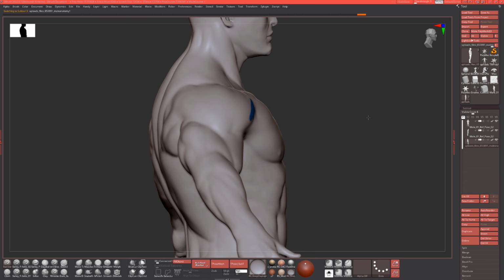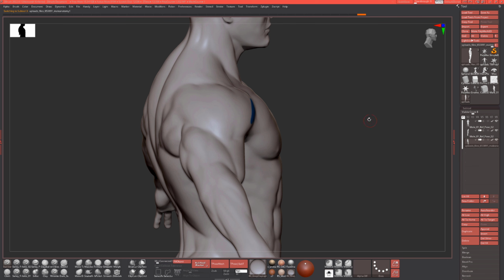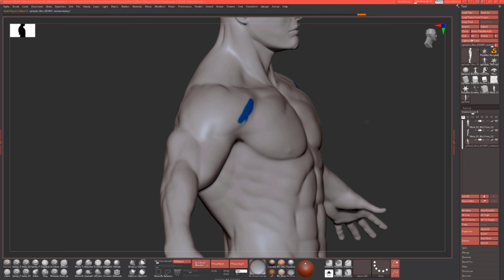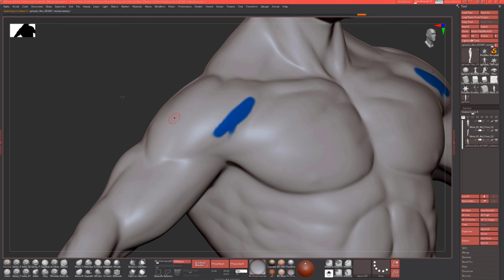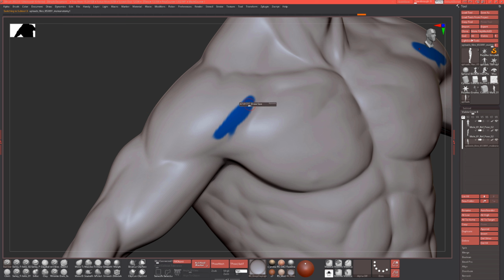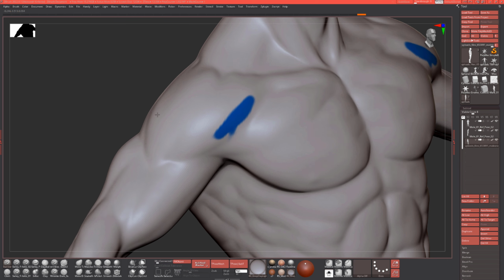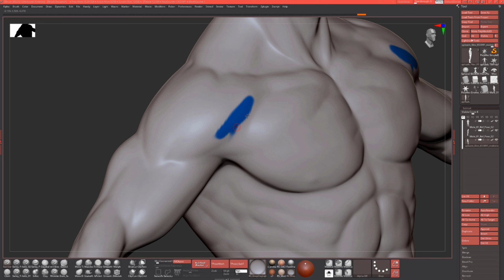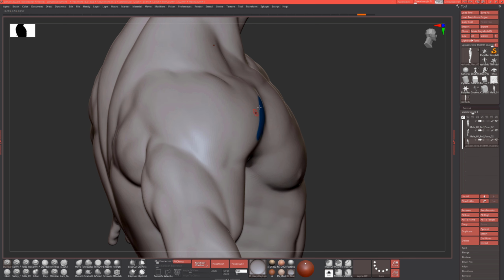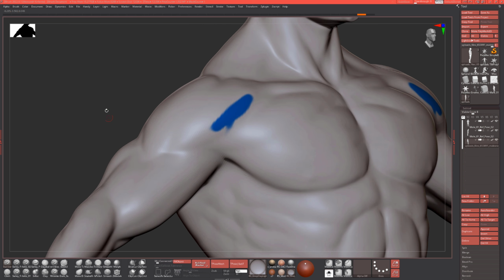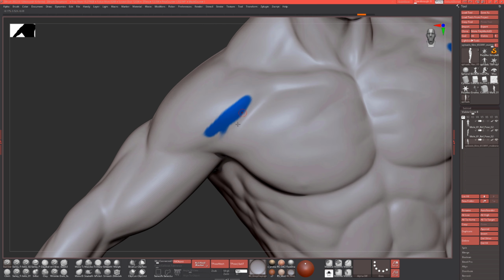So if I put it somewhere like that and start rotating, the end of the deltoid that we pointed out is pretty much where the deltoid ends on the model. This section in here almost doesn't exist. So from this angle, the end of the deltoid is the exact same end as from this angle.